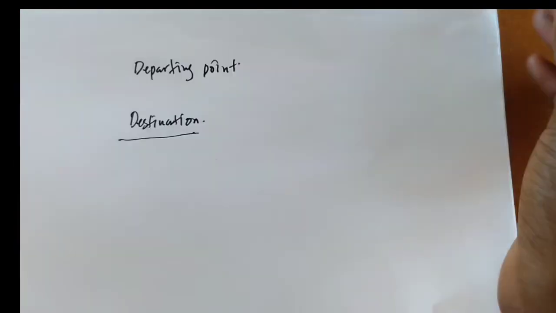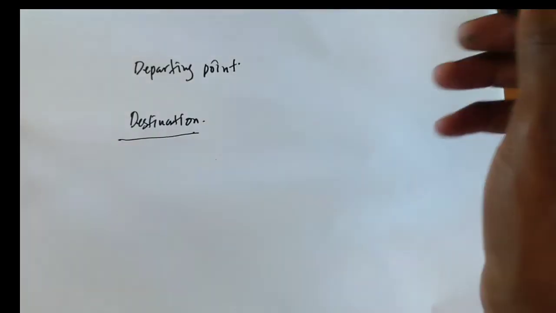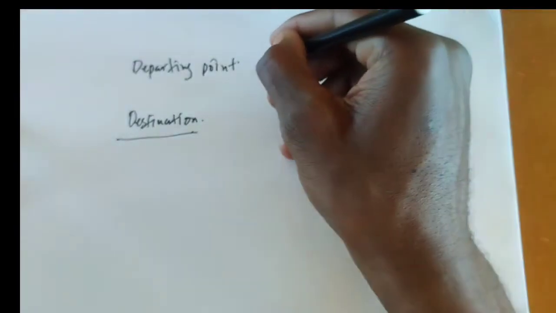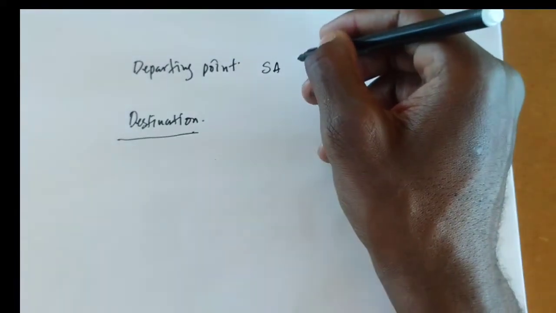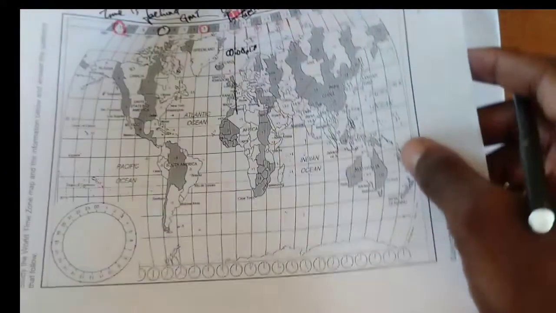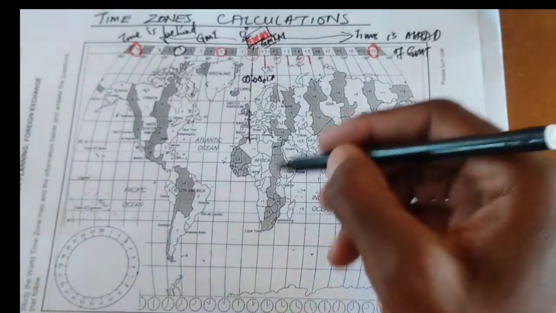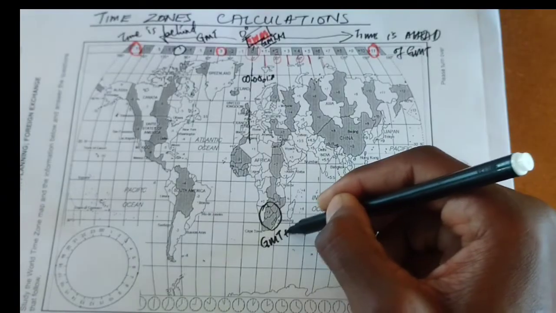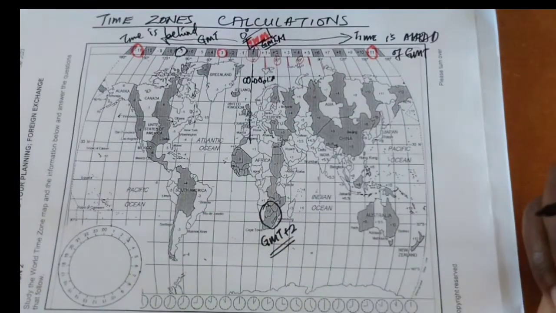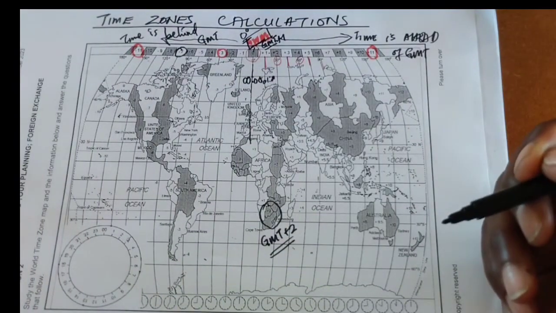Why are they important? Let's say, for example, you are coming from South Africa. In South Africa, if you look at the map, South Africa is here and is on GMT +2. Now, why is it on GMT +2?